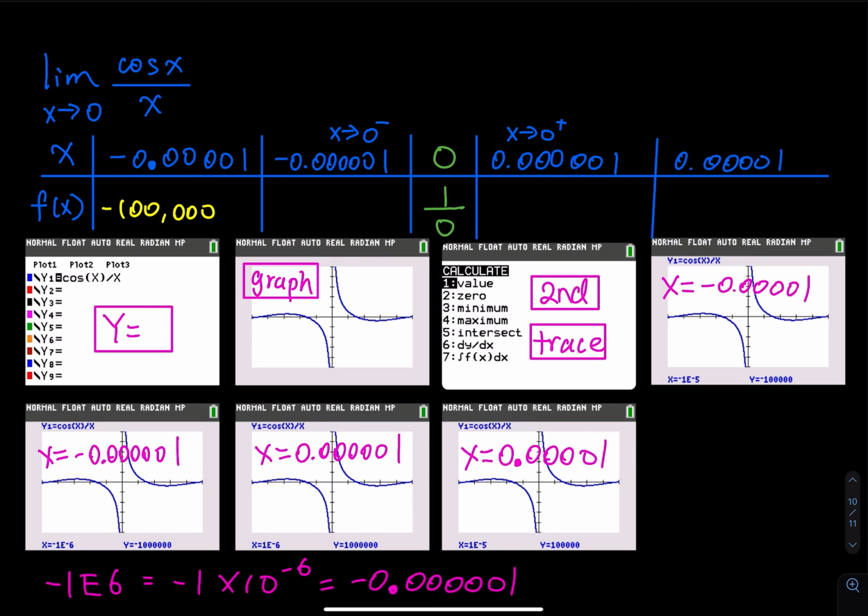And then you pick a number that is even closer. This time you use negative 0.00001, and that gives you negative 1 million. I want to count carefully. And then for the positive, that gives you positive 1 million and a positive 100,000.